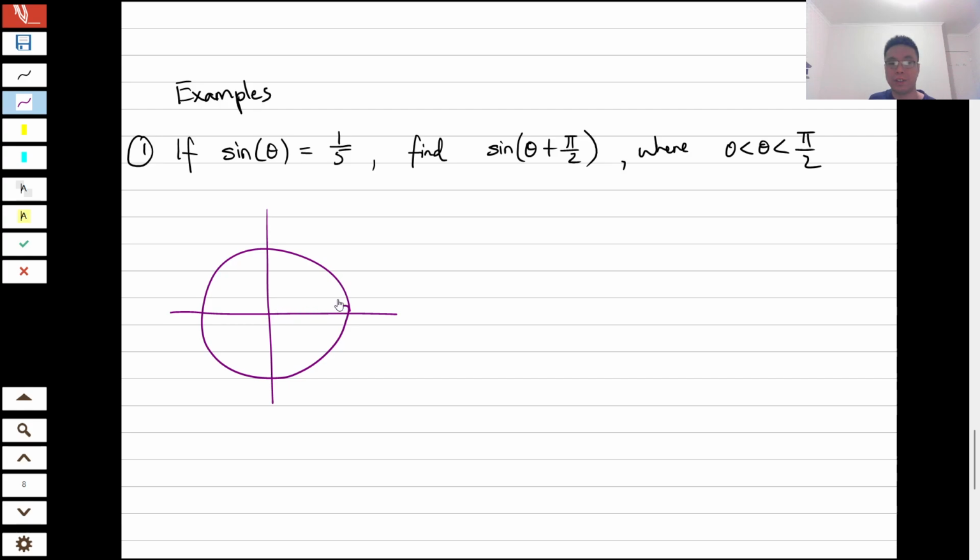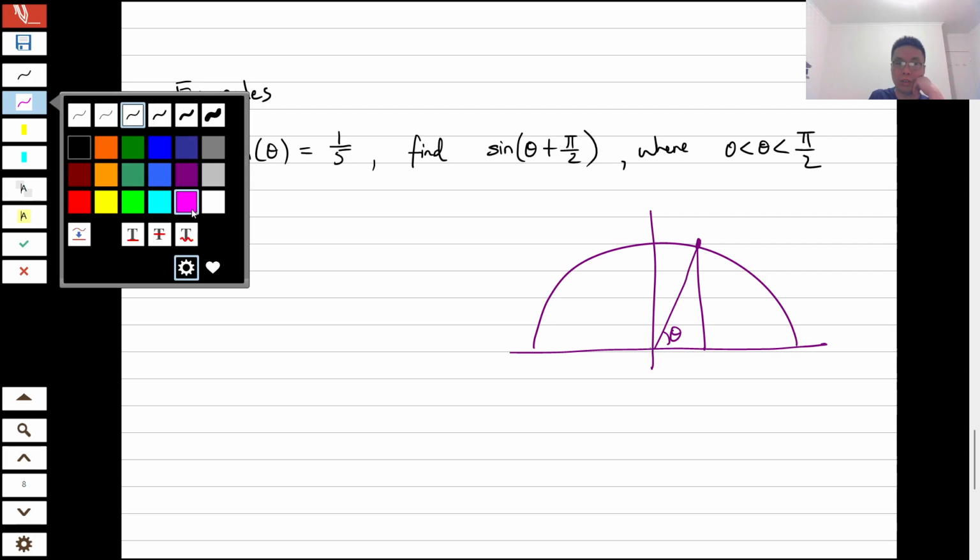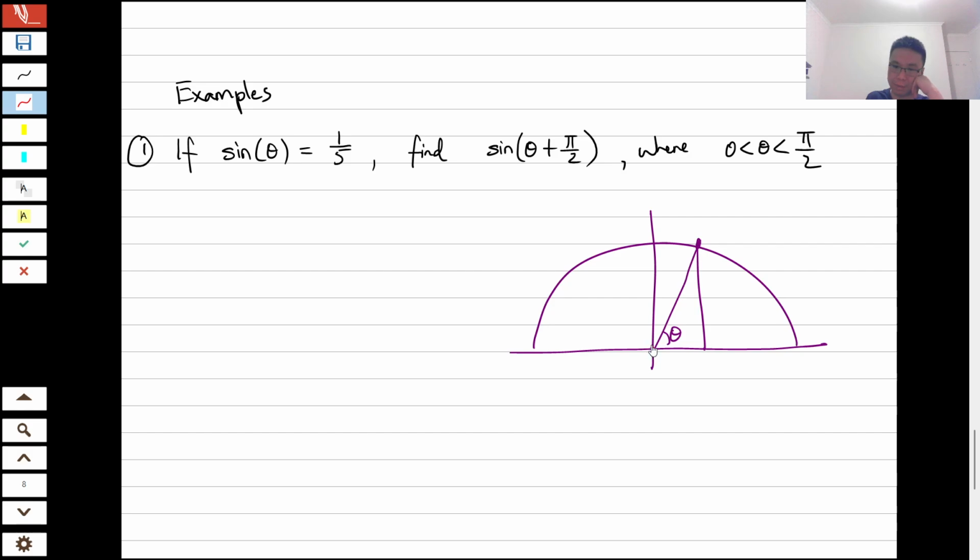Okay, so sine is adjacent over hypotenuse, so this is quite a large angle. Probably need to draw this larger, excuse me. So this is theta, and what I want is pi on 2 plus theta.